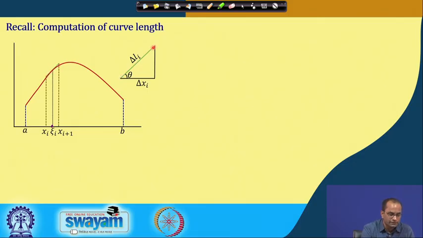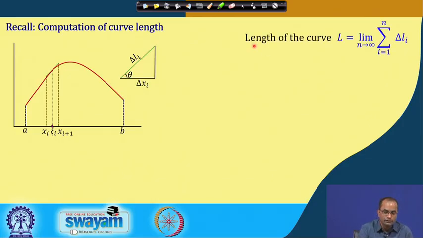This is the tangent line at the point xi_i, this is the interval length delta x_i, and this is the angle which the tangent makes with the x axis, which we denote by theta. So we have this length here, delta L_i, the length of the base here is delta x_i, and this is the angle theta. Now, the length of the curve.